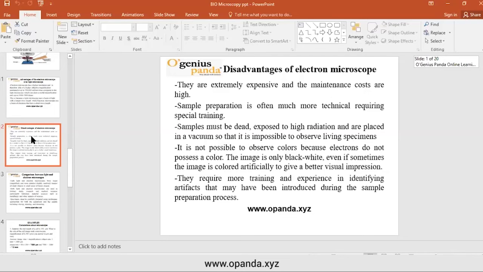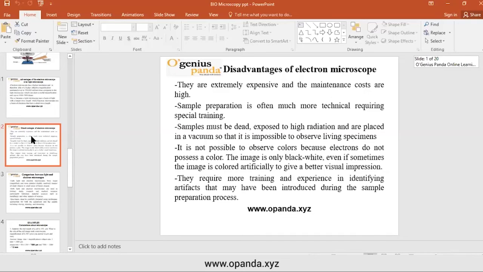It is not possible to observe colors because electrons do not possess color. The image is all black and white, even if sometimes artificially colored to give depth.